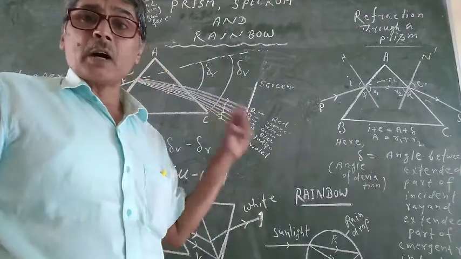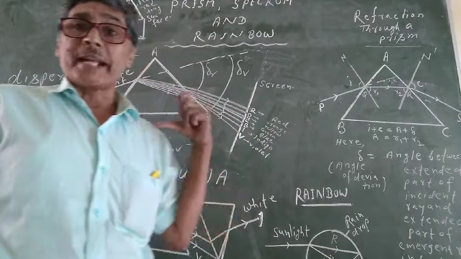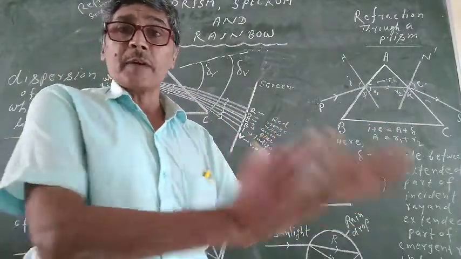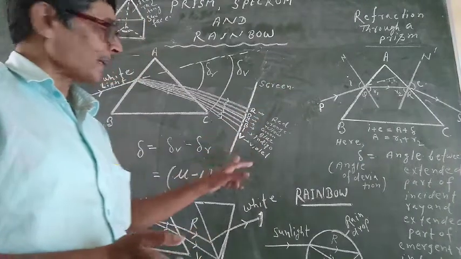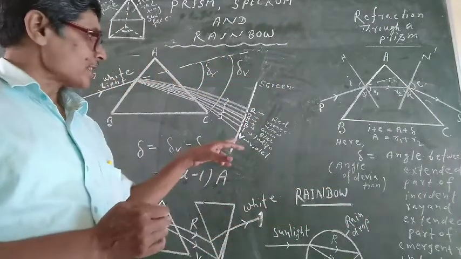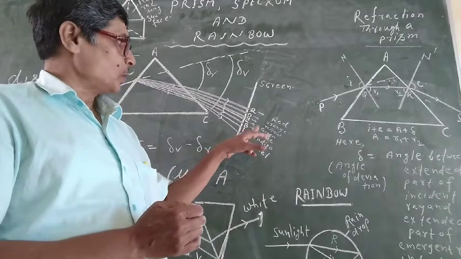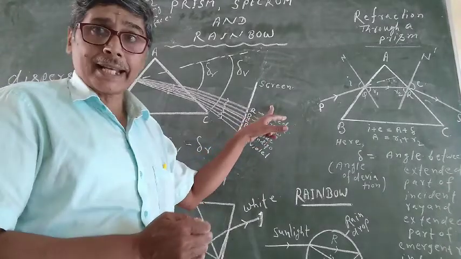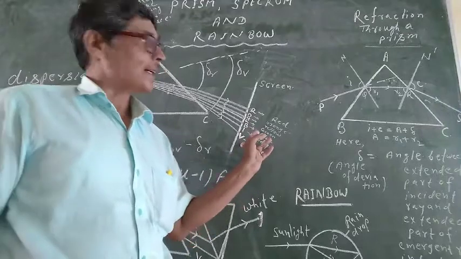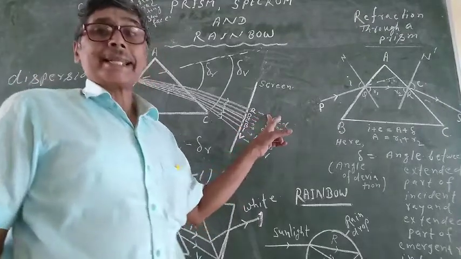The band of the 7 colors obtained on the screen after the dispersion of white light is called a spectrum. The 7 colors in the spectrum are violet, indigo, blue, green, yellow, orange and red. The lowest part of the spectrum contains violet color and the upper part contains red color.